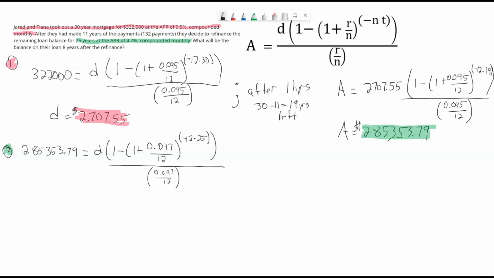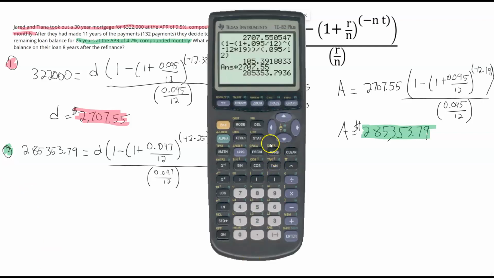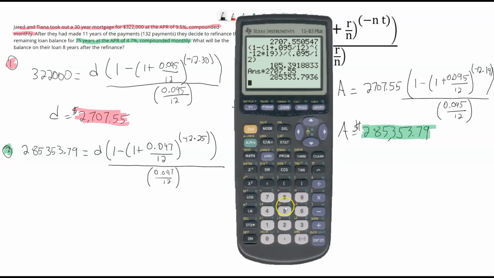All right, back to our calculator. This calculation will give us the monthly payment for our refinanced mortgage. So I'm going to work out everything on the left. Actually, let me pull back up all that coding. Some of you will be able to hit the up arrow button to pull back the stuff that you just did, but just for sake of time, this is now 4.7%.